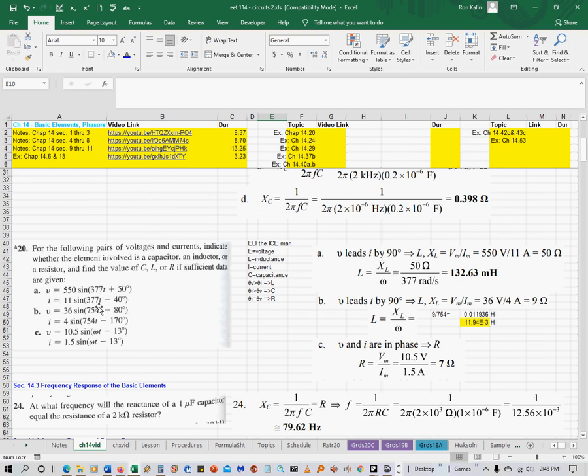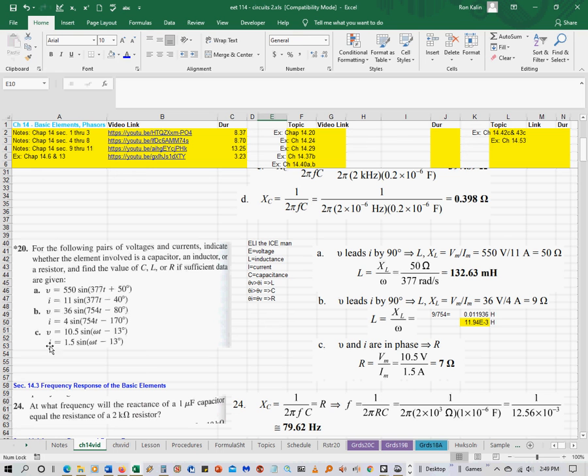It's this number in here right before the t. So L equals X sub L divided by omega equals 9 divided by 754 from here equals 0.01136 henries or 11.94 millihenries.